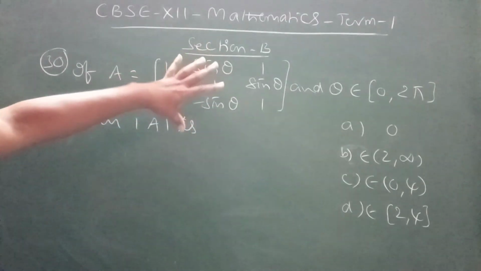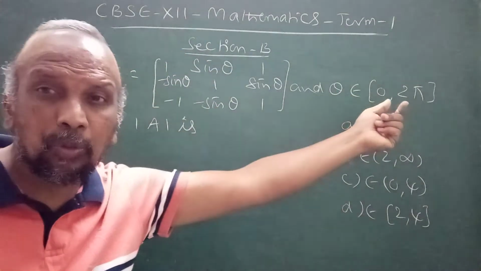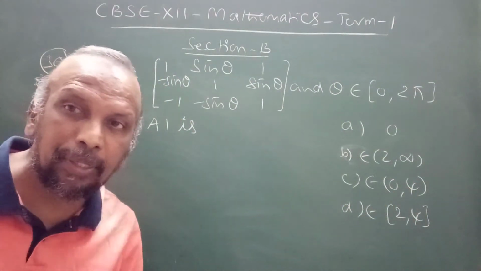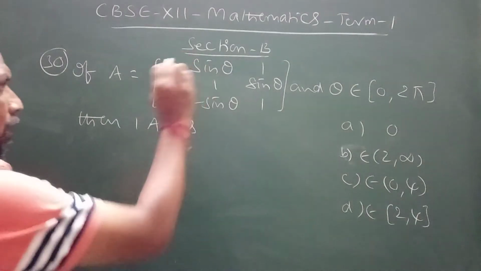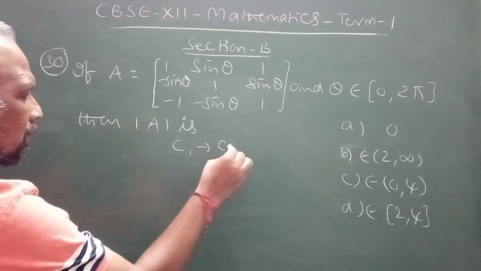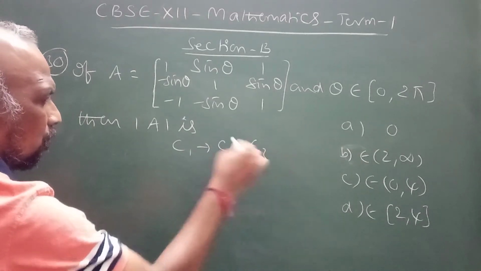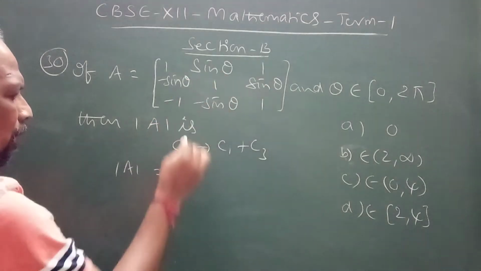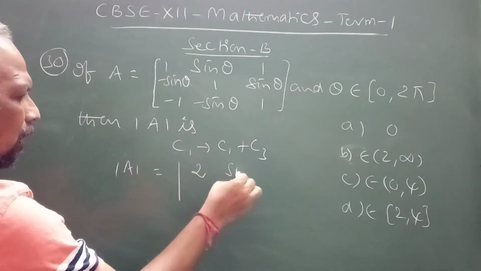In the given matrix here, they are asking, theta lies in the closed interval 0 to 2 pi. Then what is mod A, the determinant of A? In this, for the determinant, I can apply the property C1 becomes C1 plus C3. Then det A equals, you can check, 1 plus 1, 2, then sin theta.